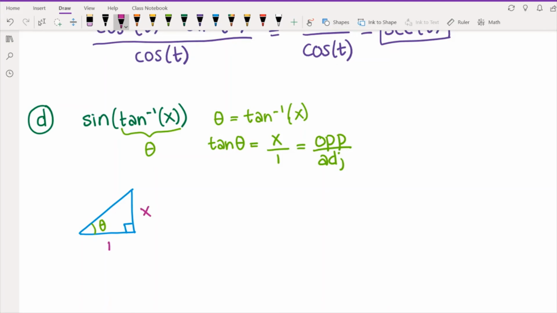And then you can use the Pythagorean theorem to find the hypotenuse. If we call this c, for example, c squared would be equal to 1 squared plus x squared. And so that means that c is equal to the square root of 1 plus x squared, or x squared plus 1.